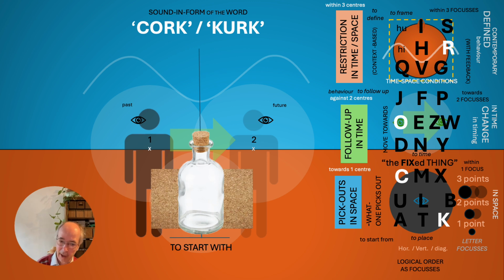What is KURK? Actually, KURK are two things. It's the material of cork with certain qualities which can be described and can be understood from the letters as well. But we also have the cork, the object, which has a certain function, which closes up a bottle, which also isolates it from its conditions and makes it able to ripen what is in there.